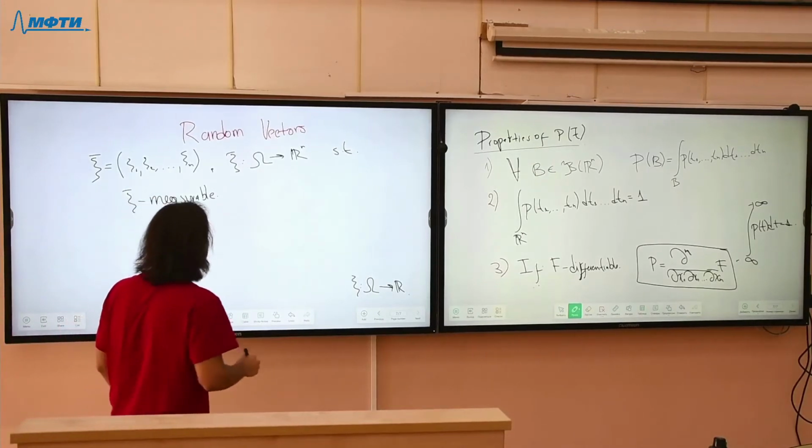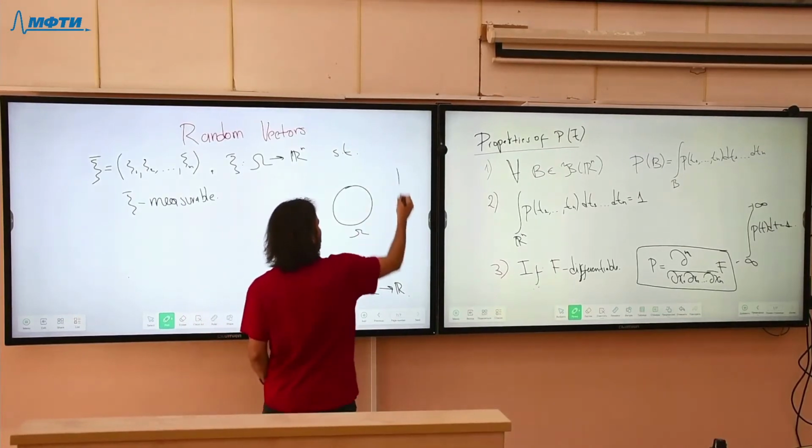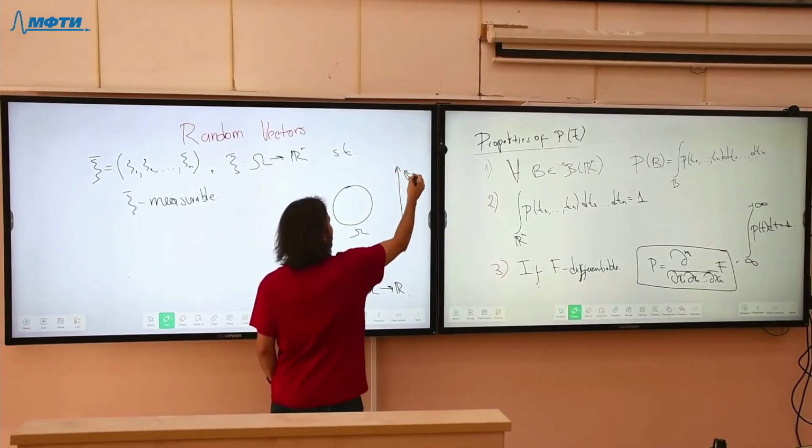What is the meaning of that? Okay, so we have here omega and we have Rn.